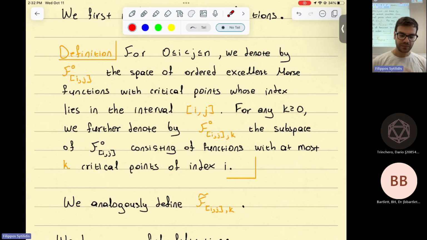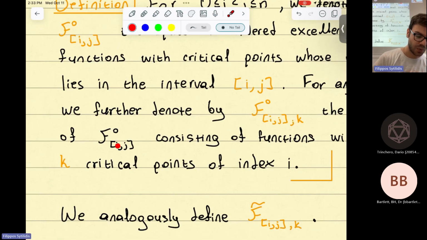So I would like now to write down an analog of the Fi comma q. The Fi comma q were those that had exactly q critical points of index i and index i plus 1. So the analog would be, if you fix a k for any k greater than or equal to 0, this is going to be my space: all those functions in F0 i comma j that have at most k critical points of index i. So I am just controlling how many points of index i can occur here with this extra variable k.